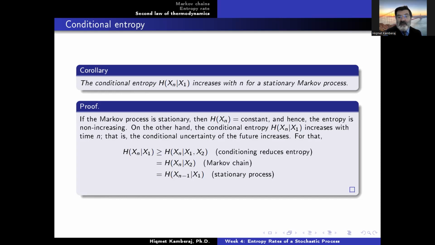That is, the conditional uncertainty on the future increases. For that, the conditional entropy of Xn given X1 is greater or equal to h of Xn given X1 and X2. This is because of the theorem of last week, conditioning reduces entropy. Now, because it is a Markov chain, this is equal to the entropy of Xn given X2. And because it is a stationary process, it is equal to the entropy of Xn-1 given X1. So I shift it by 1 in time.